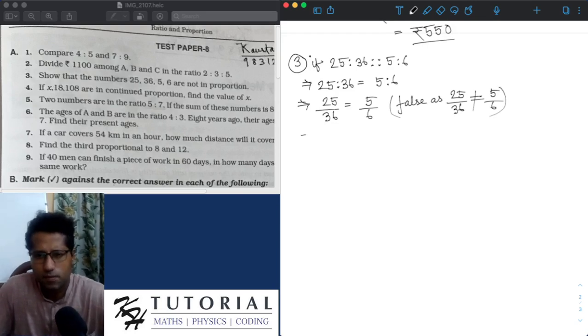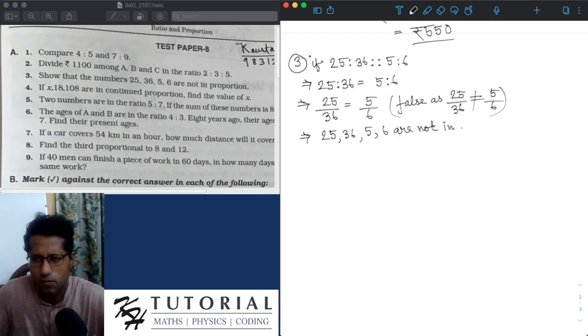Hence this implies 25, 36, 5, 6 are not in proportion.